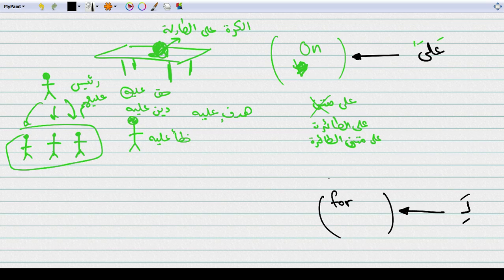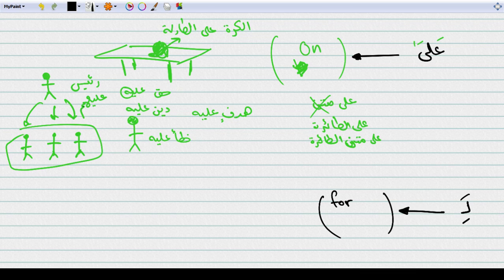In what sense? It's not in the sense of location. Whenever we're talking about an object, as in ala الطاولة, on a table or on something, you cannot go with the opposite of that and use li. This only works with other things, like when you're saying that he has debt on him, he has rights on him, he has a foul on him, he has a goal on him, he has a boss on him.